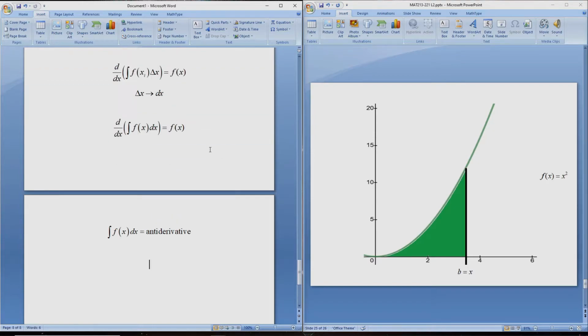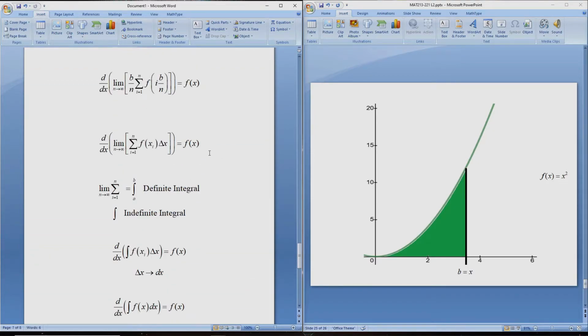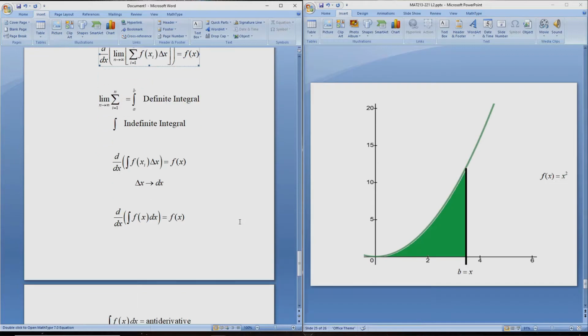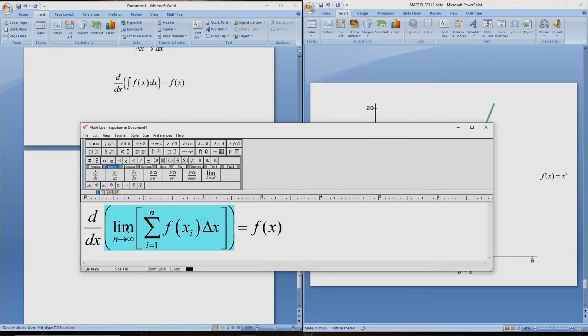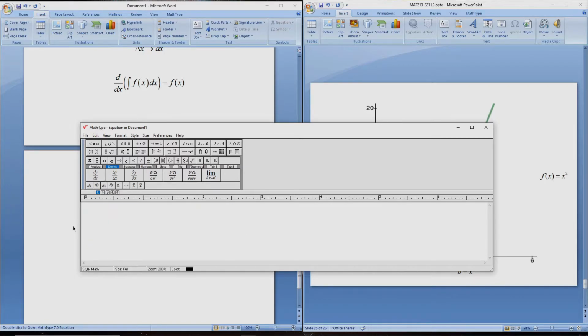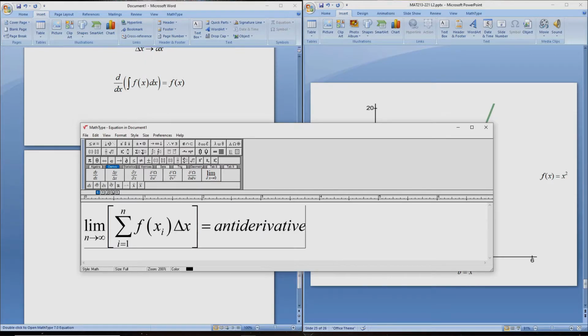So just to connect this back to what we're doing here, if I take our expression without the integral symbol yet, this is the antiderivative.